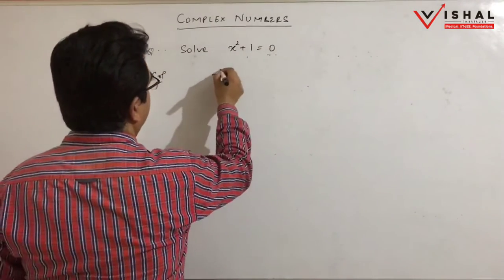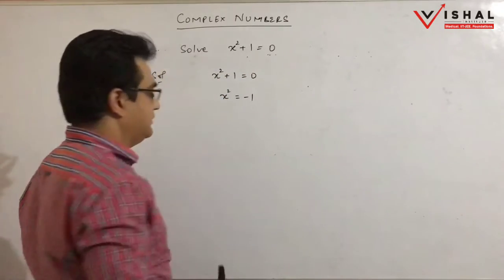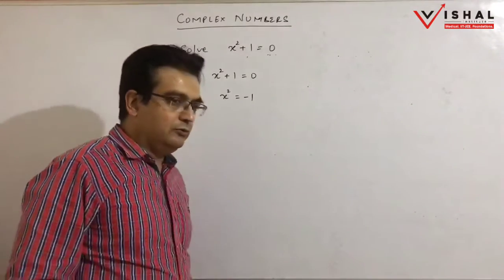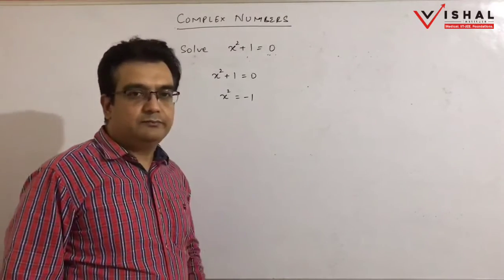We write x square plus 1 equal to 0, x square is equal to minus 1. Now, do we have any number whose square is -1?